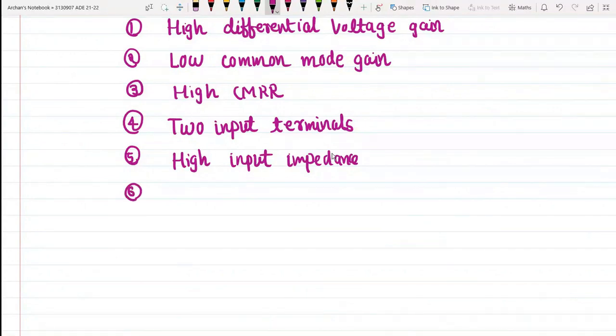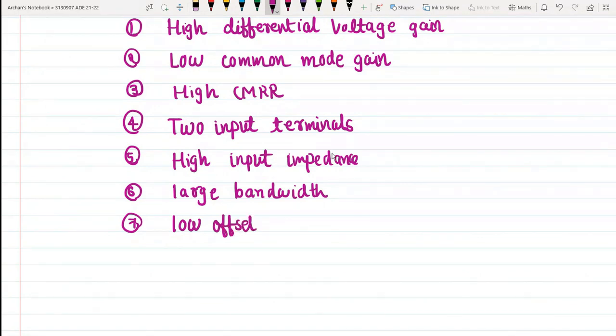Then talking about the bandwidth, it will have a very large bandwidth. Bandwidth is nothing but the range of frequencies in which your circuit can operate. As we move on, we will try to understand the bandwidth thoroughly. Then it has low offset voltages and currents.